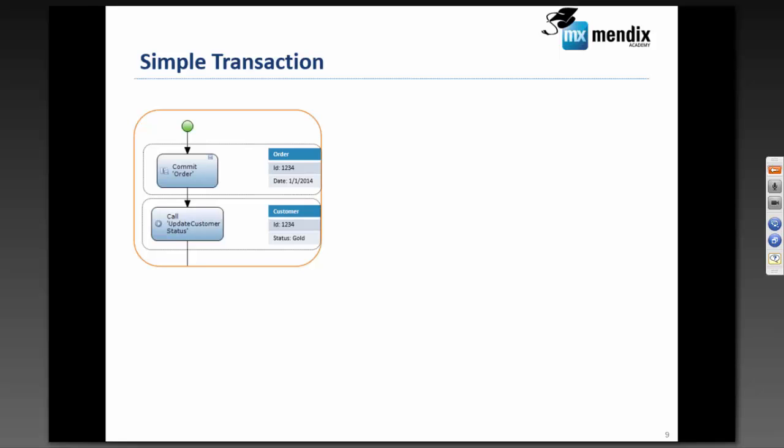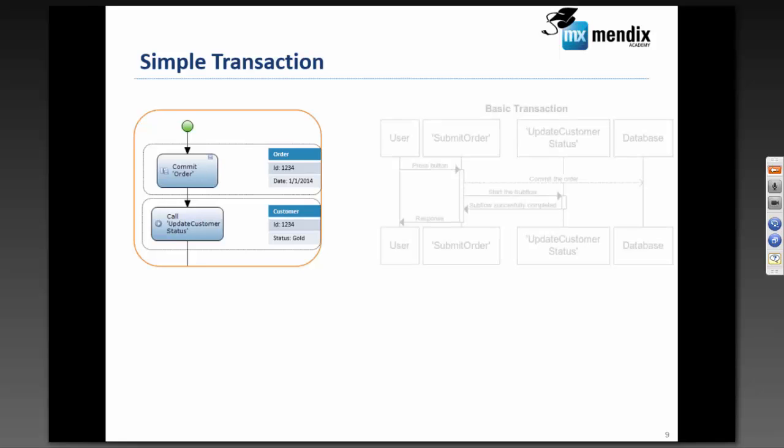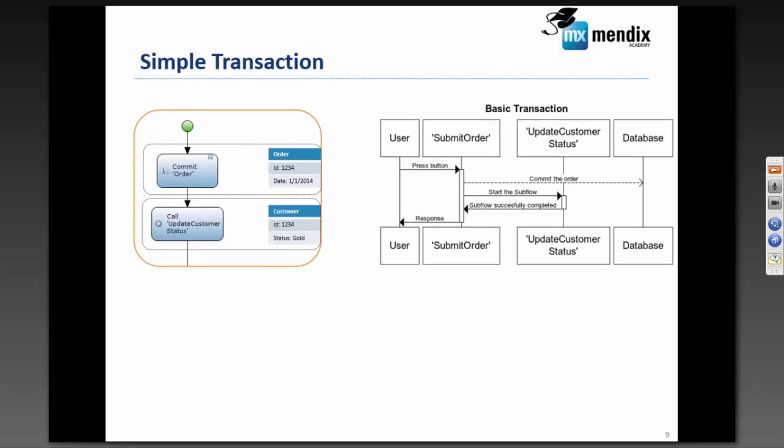In the event that we have an exception, it's very important that we understand the flow of what's actually taking place here. So in this sequence diagram, which we will use for the remainder of these examples, you'll see that we have a user that presses a button to submit the order.